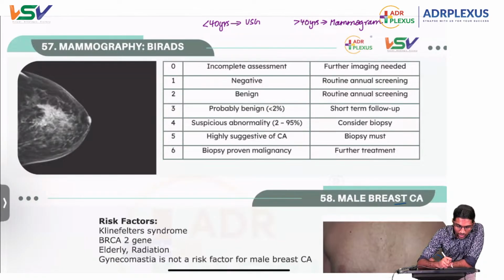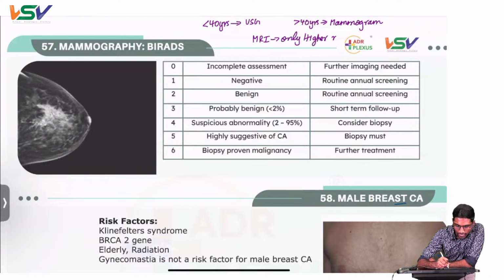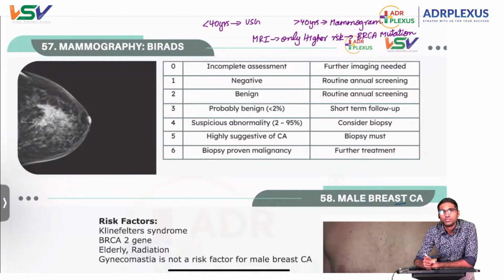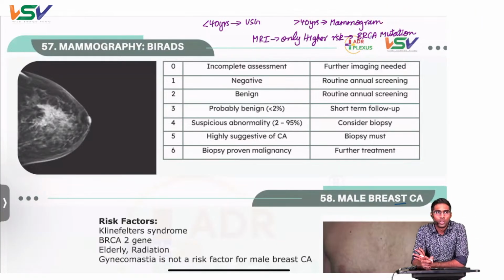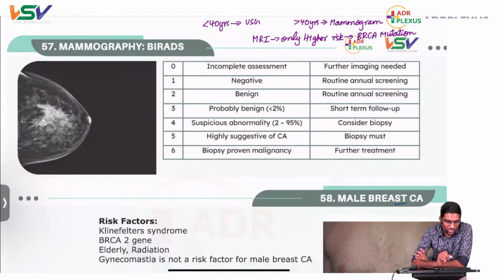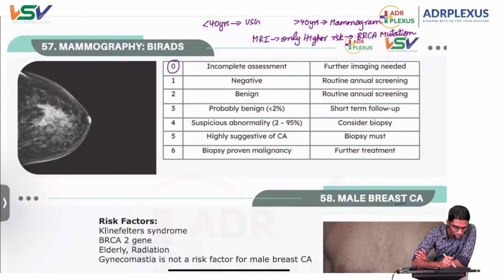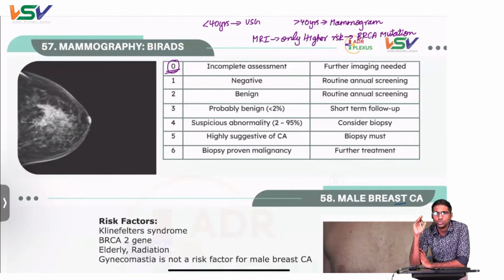And MRI will be done only for high risk individuals like BRCA mutation carriers. So mammogram BIRADS: the radiologist will give BIRADS 0, BIRADS 1, BIRADS 2. So you should interpret and you should know what to do further.